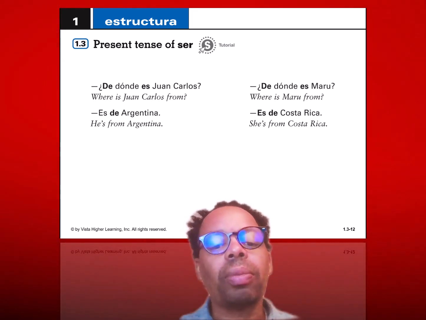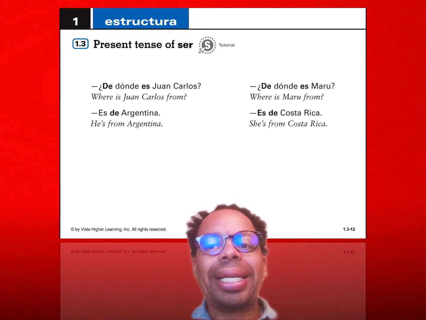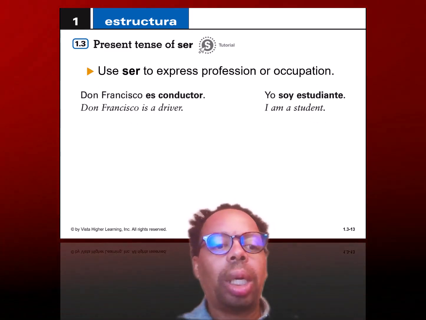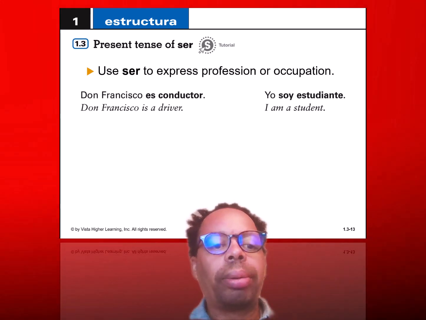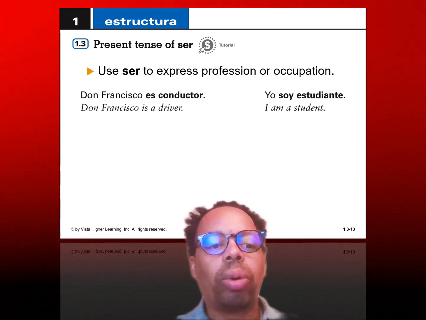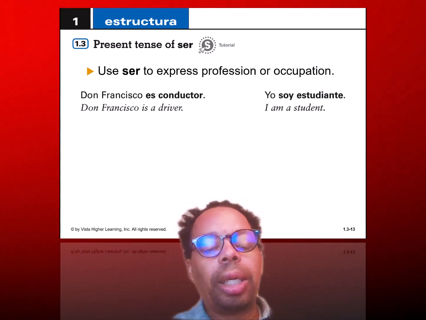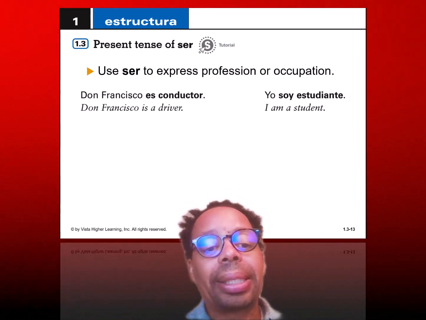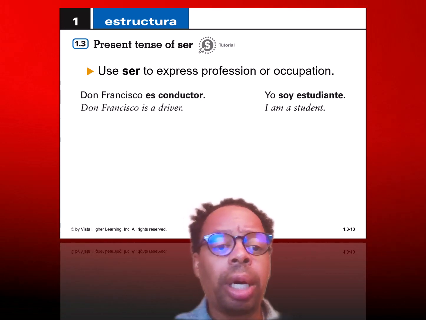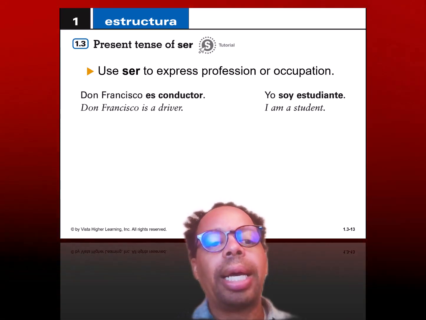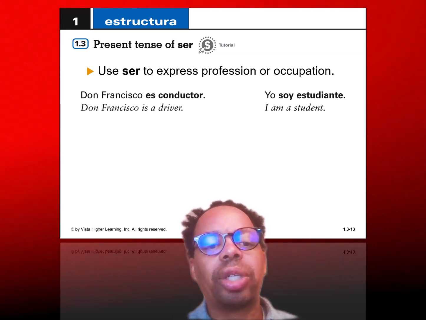So the next one we're looking at is profession, or occupation. Don Francisco es conductor. He's a driver. When you get those cognates, and if you're not familiar with what cognates are, they are words that look identical or very similar in two different languages, such as conductor and conductor.